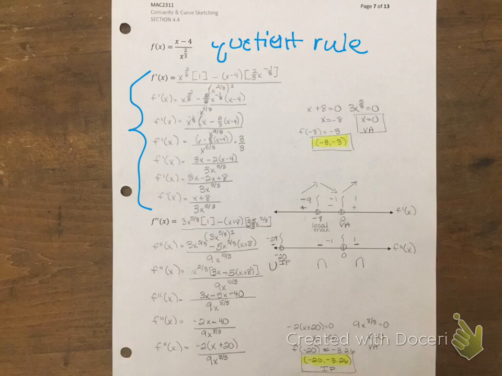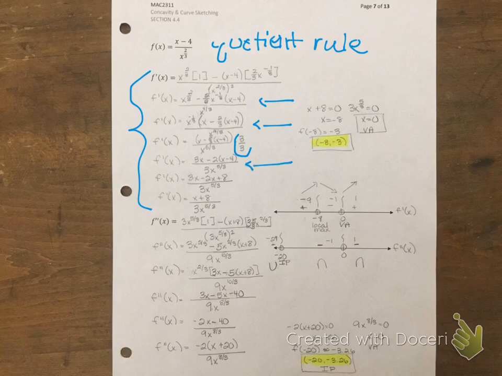Second thing I'm doing is making it pretty. My GCF is x to the 1/3. Factor it out. I've got a fraction, so I'm getting rid of it by multiplying by a form of 1.